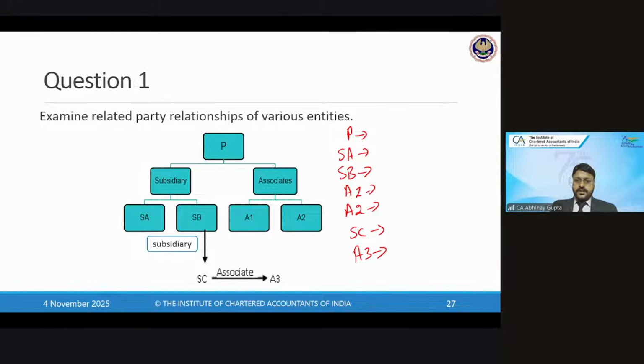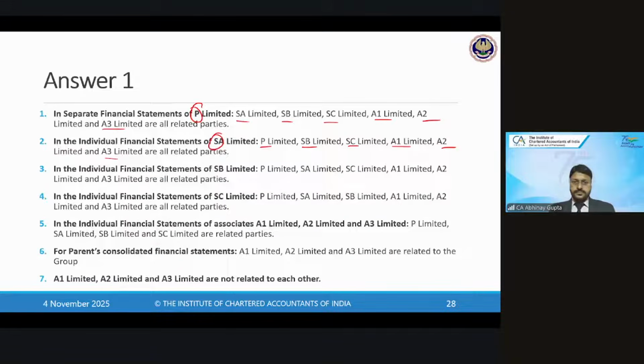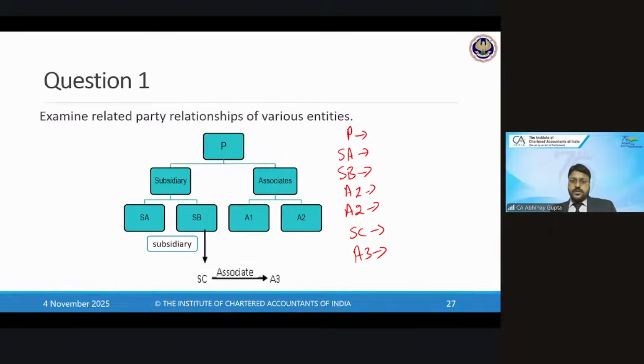But here A1 and A2 are the associates. The parent has the associate directly. So the parent has the subsidiaries SA and SB, and the parent has the associates A1 and A2.